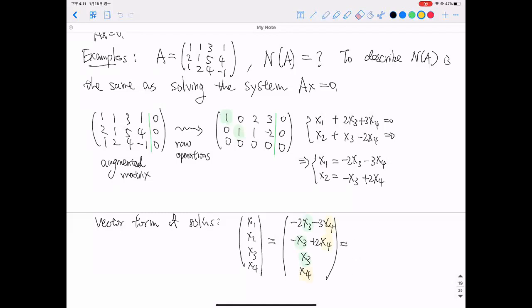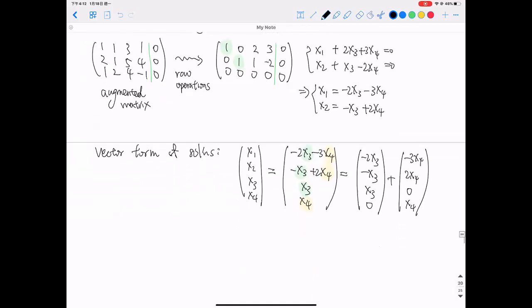Okay, and that gives us minus 2x3, minus x3, x3, 0, plus minus 3x4, 2x4, 0, x4, and then we can factor out x3 and x4 respectively.